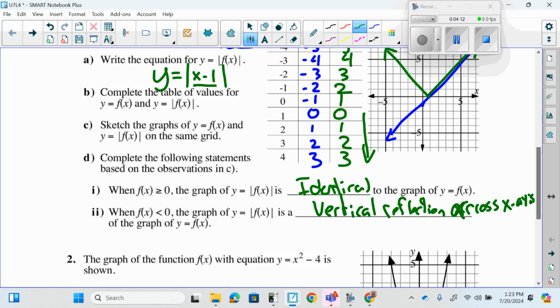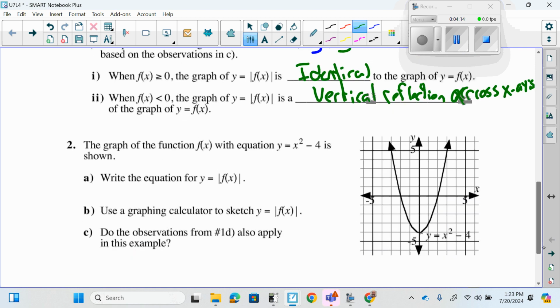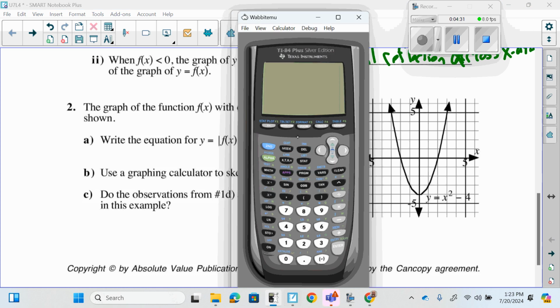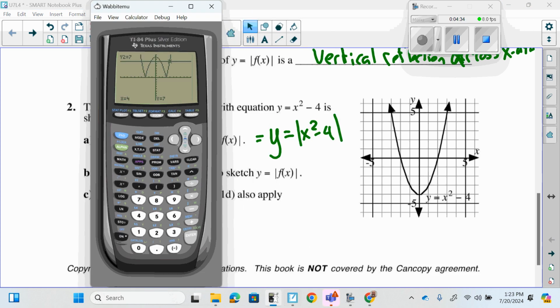Okay, so here I have this. There's my y equals x squared minus 4. If I wanted to write y equals absolute value of x squared minus 4, that would be the equation rather than function notation. We'll graph it on the calculator. Minus 4. Clear this out down here. Graph it.